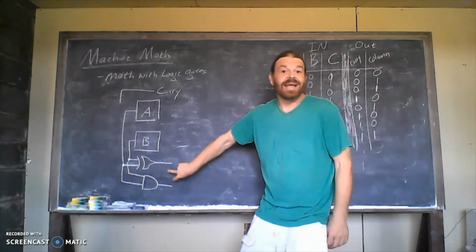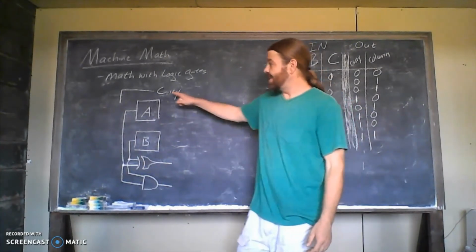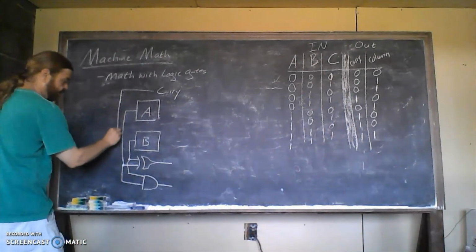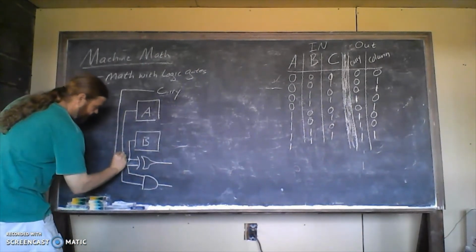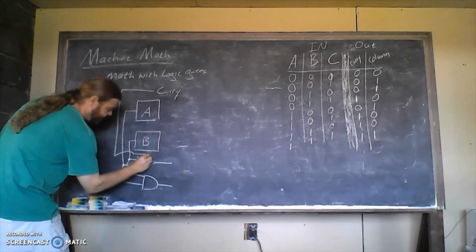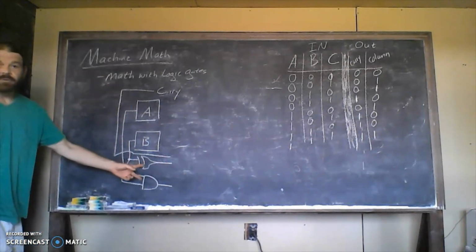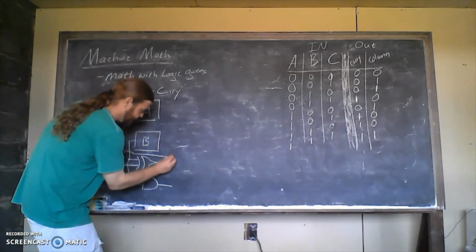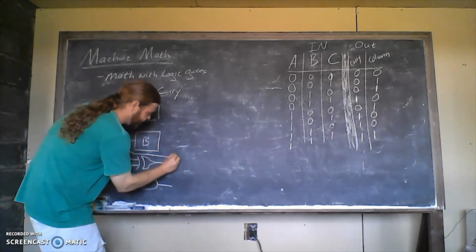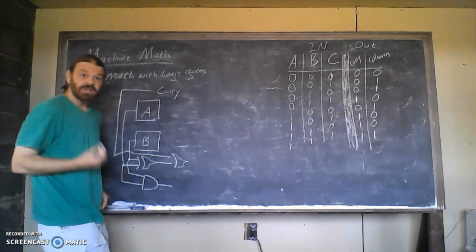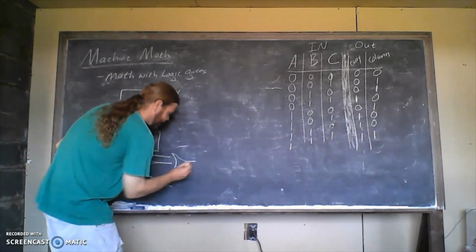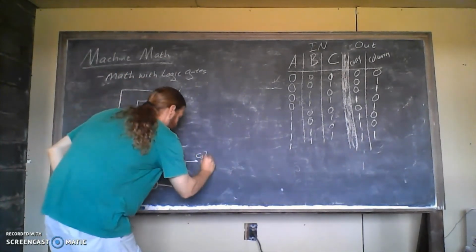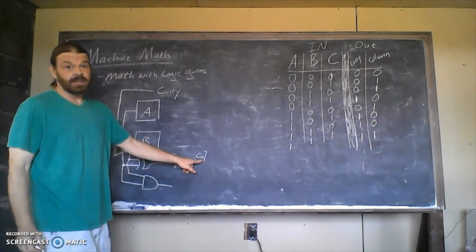But we need to do that again, because we have this carry bit coming in. We could be carrying a 1 over from the previous column. So I'll dump this over here, bring it over here, and we have to do this whole thing again with our carry bit. So we will feed through an XOR to figure out what's in that column, and then that will tell us the column bit.